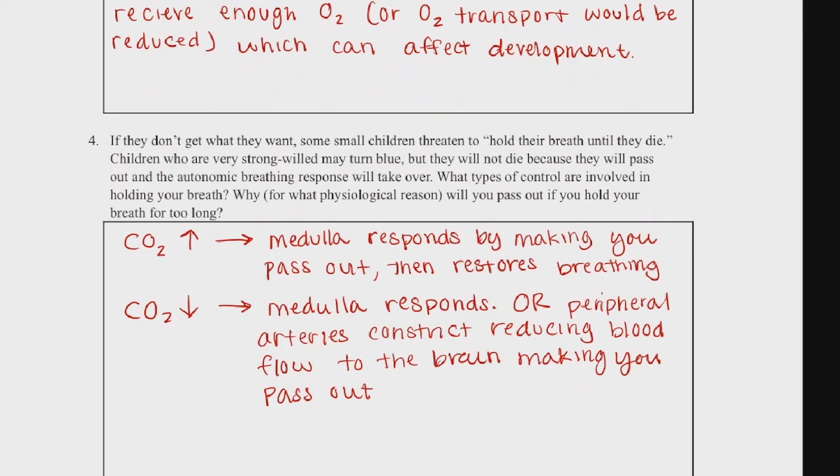However, for hyperventilation, where CO2 is being expelled and it's at critically low levels, what happens when you pass out from that constriction is that your body actually stops breathing for a moment to restore the CO2 levels and oxygen levels in your body, and then breathing will continue again. And by temp, I just mean temporarily.